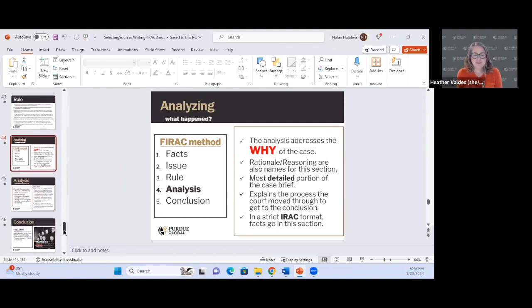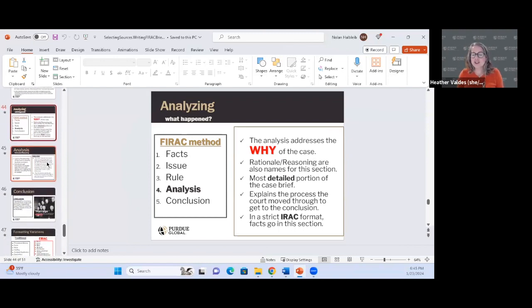Analyzing. The analysis section of the case brief is often the largest section. This is where you explain the why of the case, the rationale, the reasoning. This will be detailed, and it may include references to law relied on by the court.